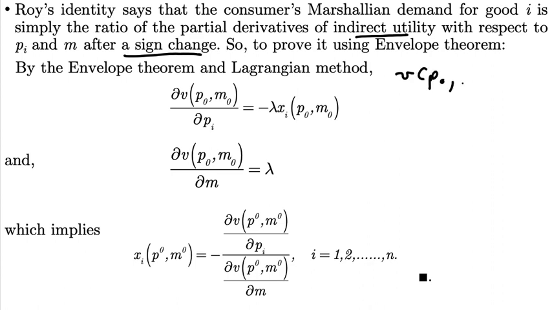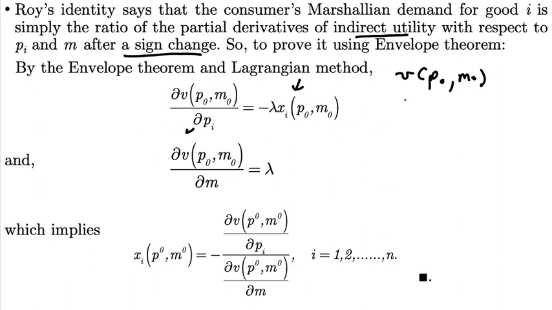Okay, let's say at price P naught and M naught. And if we take the partial derivative of the indirect utility function with respect to the price of i, then this is how we write it. This one I'll explain to you in a bit. Now I want to focus on the left hand side here.